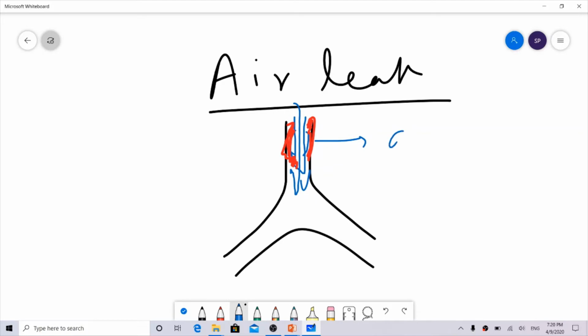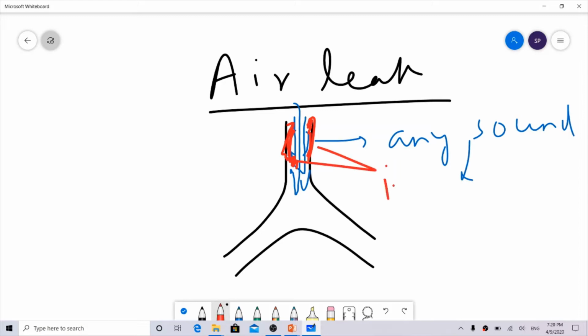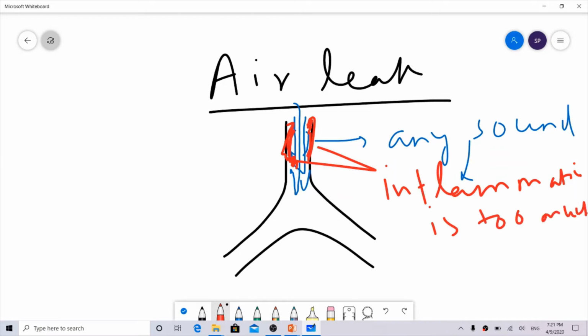You do not hear any sound. That's a sign that this inflammation is too much. And whenever there's too much inflammation on this side, what happens if you extubate in this condition?